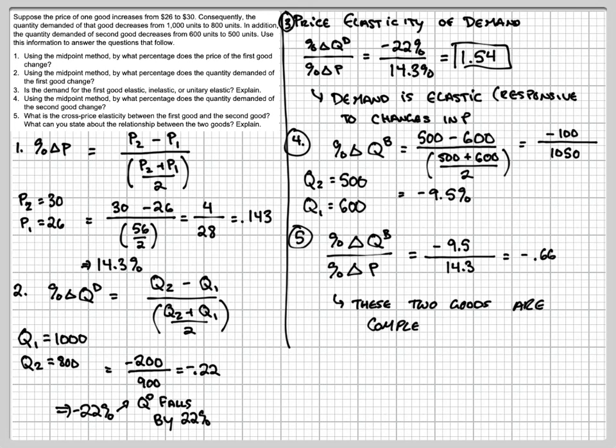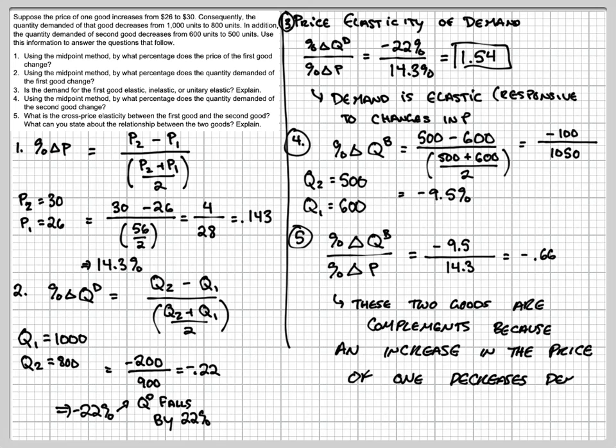And they're complements because an increase in the price of one decreases demand for the other. So these two goods are purchased together. And that's a complete answer to this question.